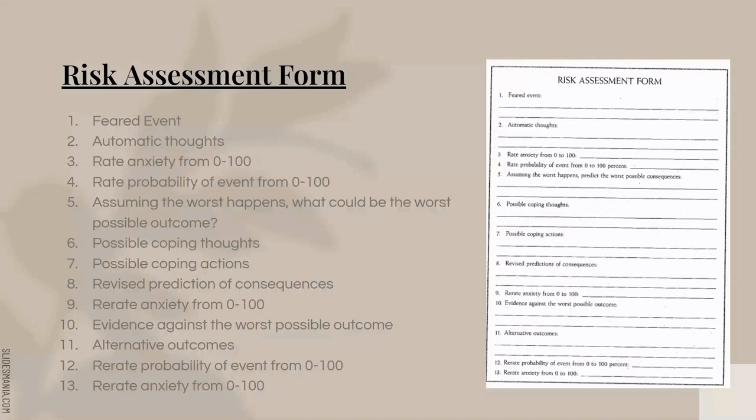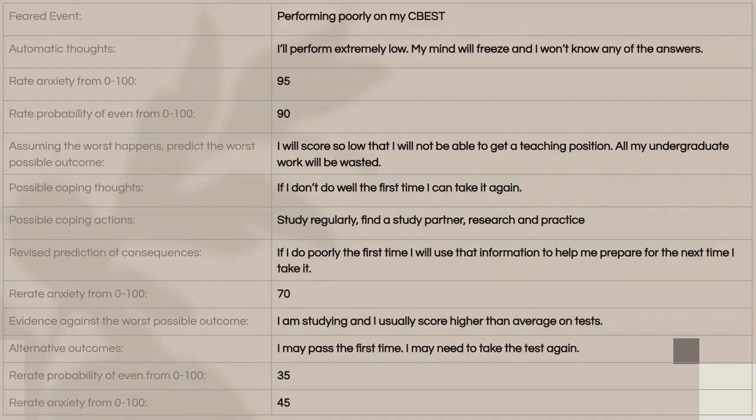Then you list evidence against the worst possible outcome and alternative outcomes that are possible. Then you re-rate the probability of the event again from 0 to 100. And finally, you re-rate your anxiety on a scale of 0 to 100. Here is an example of the risk assessment for you to look at.